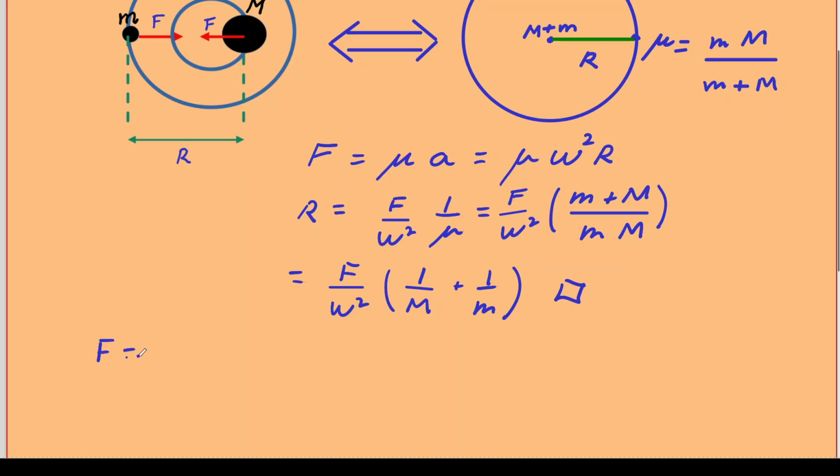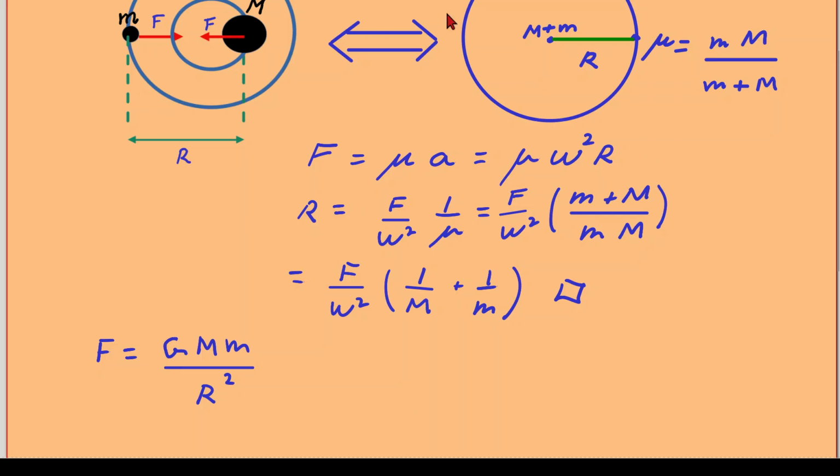Yeah, it's G M m over R squared, right? See, this guy here, he's feeling a force, G M m, and the distance between them is capital R, right? And the same for this one in the other direction.